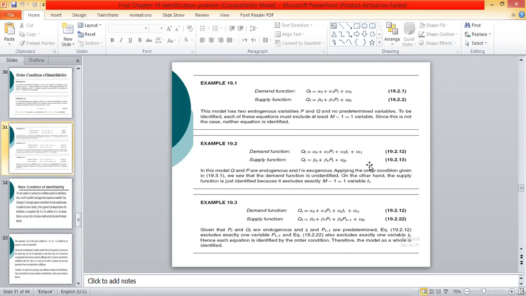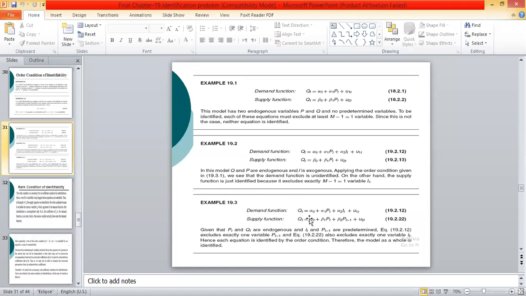But on the supply side, it is exactly identified because it excludes exactly m minus 1 variable from the given equation. So it is clear from this analysis that the demand function is unidentified, but the supply function is exactly identified.